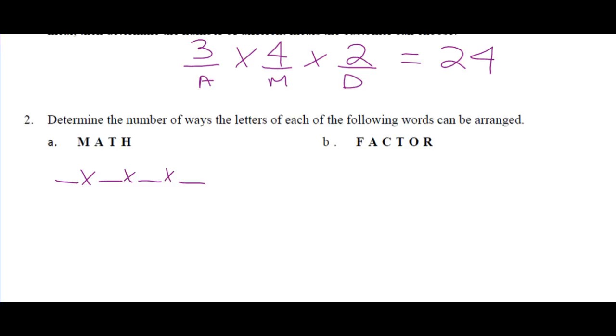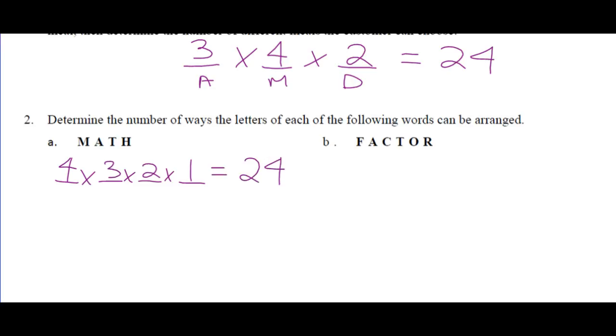With appetizer, main course, dessert it makes a little more sense. So the first letter, how many choices do I have? 4, right? We could choose any of them. Once the first letter has been chosen, how many are left for the second letter? 3. And that's equal to 24.